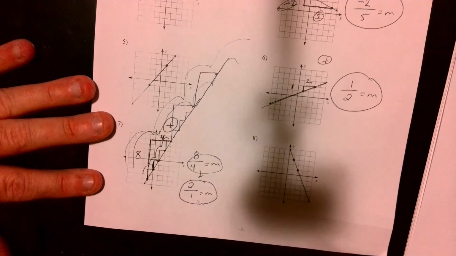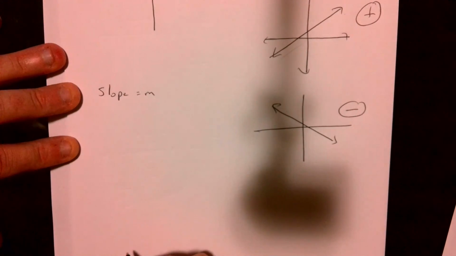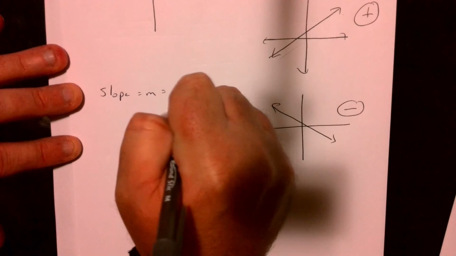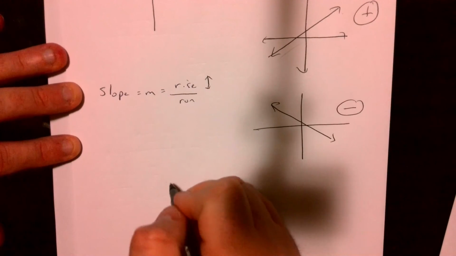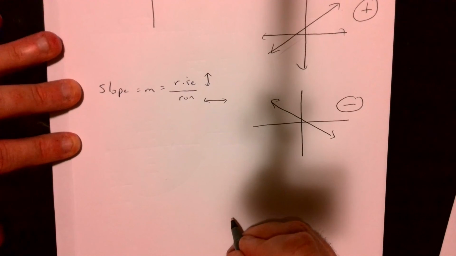Okay? But for wrap up, we said once again that slope is represented by little m. You'll see this a lot in the next few weeks. Today we're talking that it means rise over run. Our rise is our up or down movement, and our run is our left or right movement. Okay?